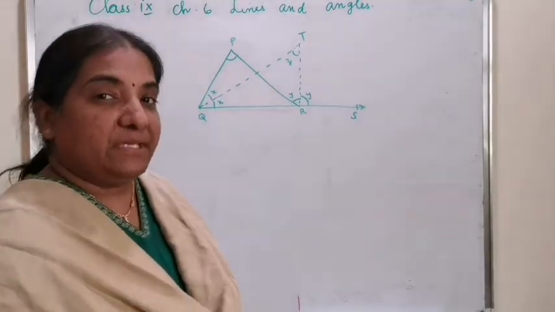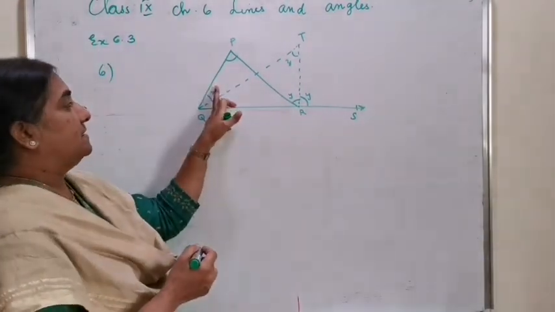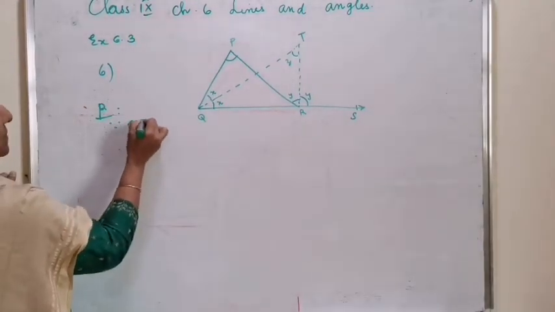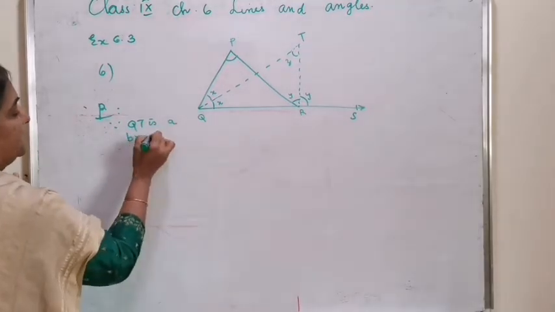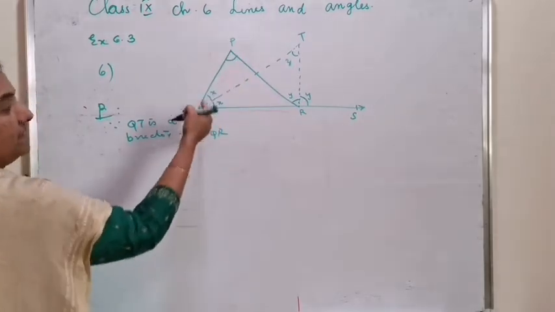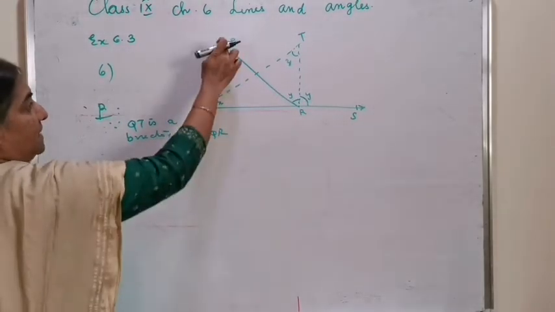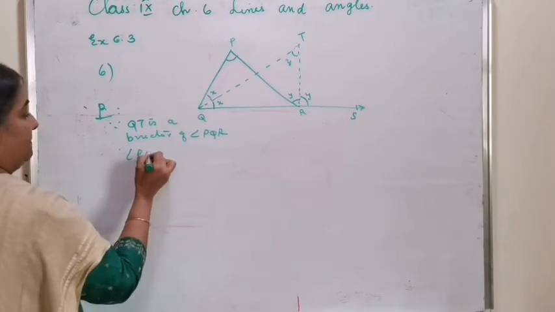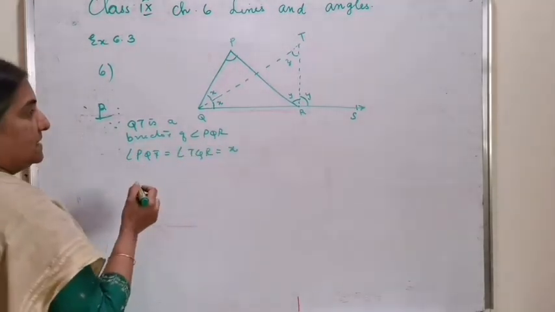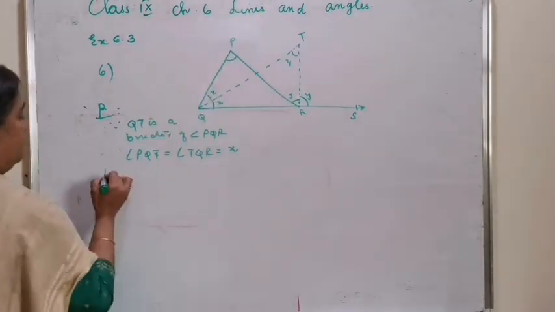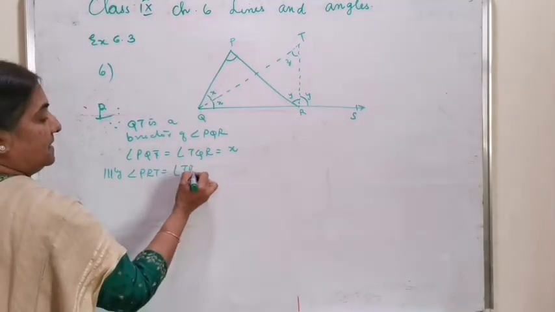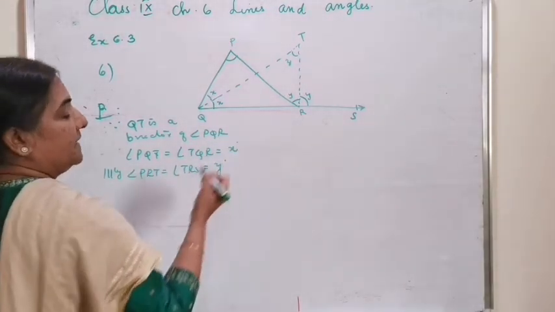For easy understanding, I have taken the bisectors. Since QT is a bisector of angle PQR, I have taken the angles as X. Angle PQT is equal to angle TQR is equal to X. Similarly, angle PRT is equal to angle TRS is equal to Y degrees.